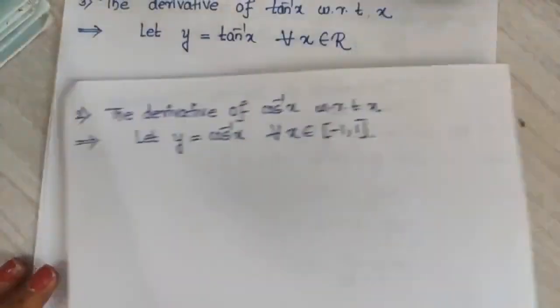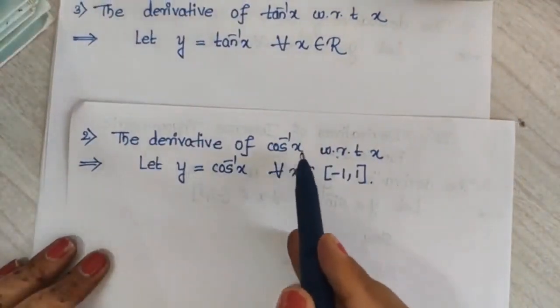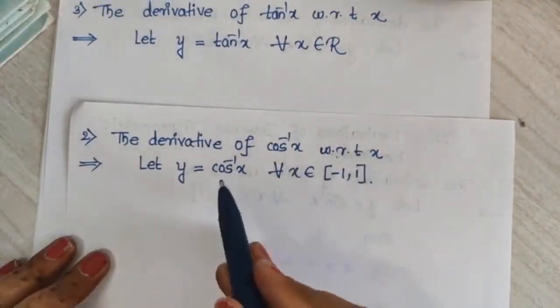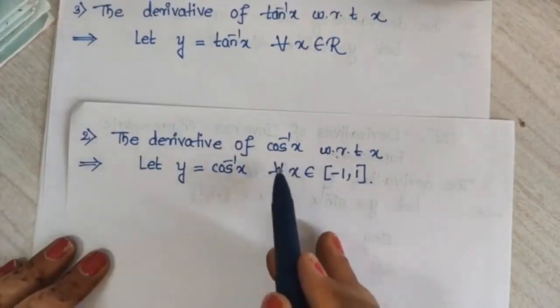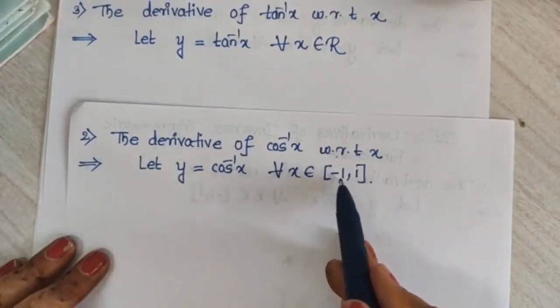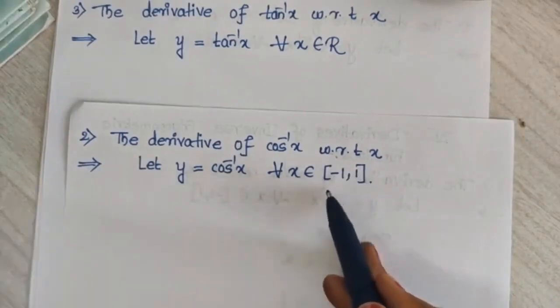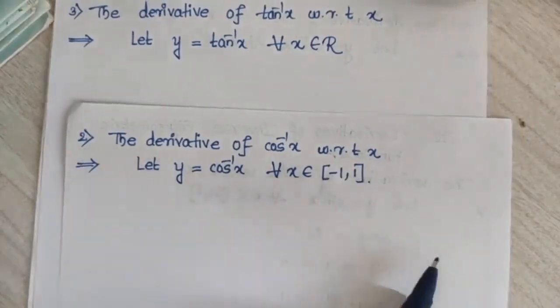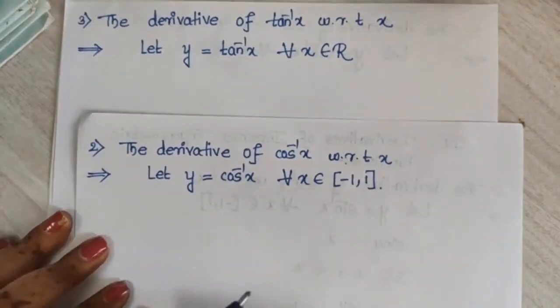Now the second one, the derivative of cos inverse x with respect to x. First, let y is equal to cos inverse x for all x belongs to closed interval minus 1 comma 1. The domain of cos inverse x is closed interval minus 1 comma 1. Now the procedure is the same as you did for the previous example.